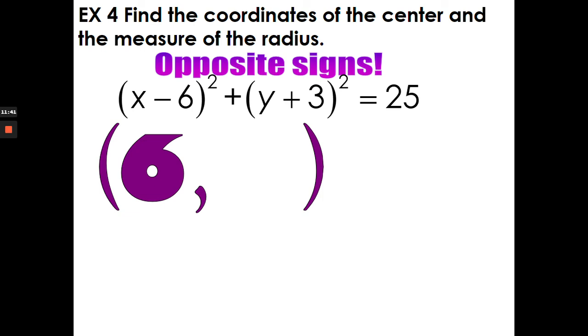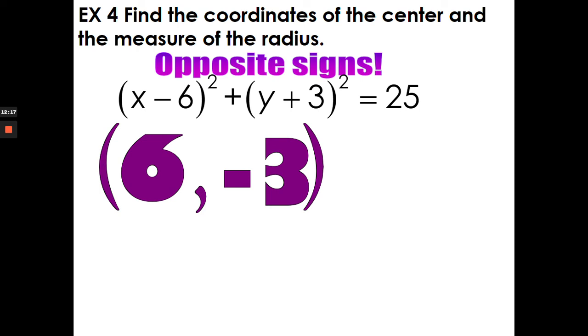From the x part, we take the -6 and we change the sign and we get 6. So our x coordinate for the center is +6. We take the +3 from the y part of our equation and we change the sign of that number, and the y coordinate for our center is -3.